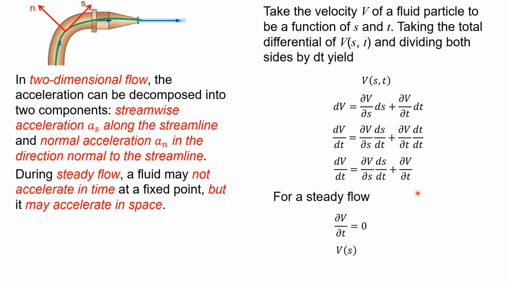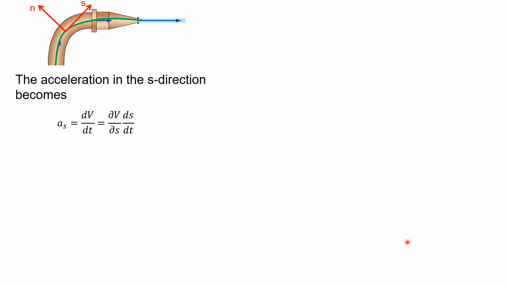Okay, so for steady flow, the partial v over partial t will become 0. So this is the only component that will be available: acceleration in the s direction.